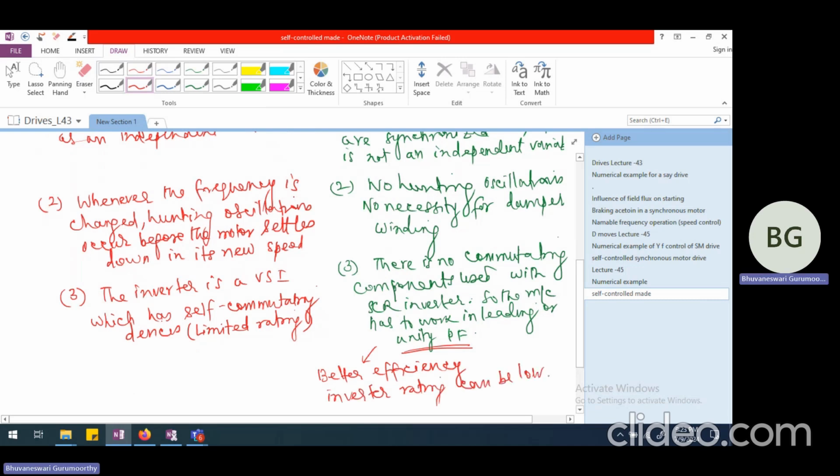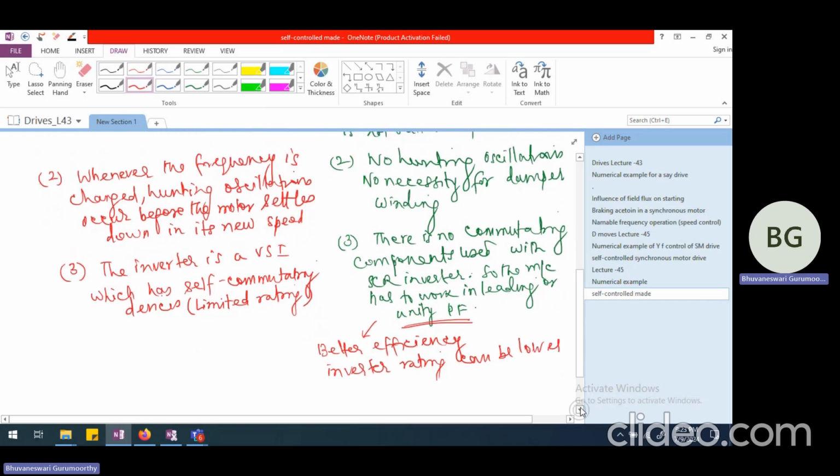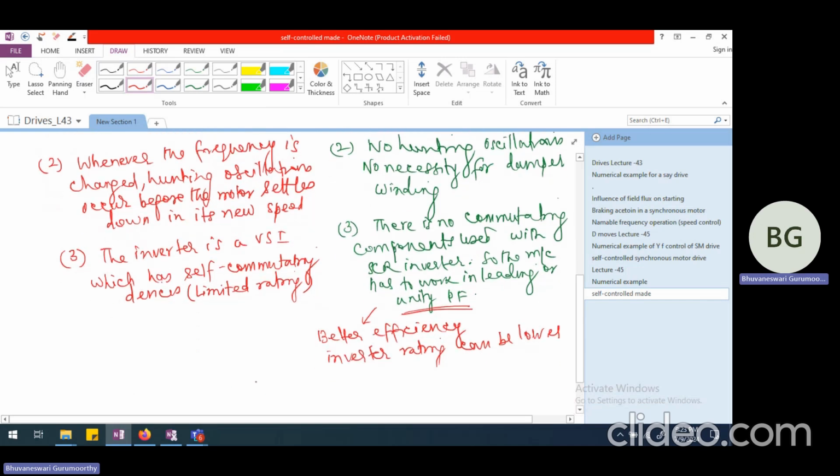Especially if this is used in mainline traction, that is long distance trains, then very easily we can incorporate regenerative braking. It can be very easily incorporated in this case, so we will be able to retrieve a lot of energy.